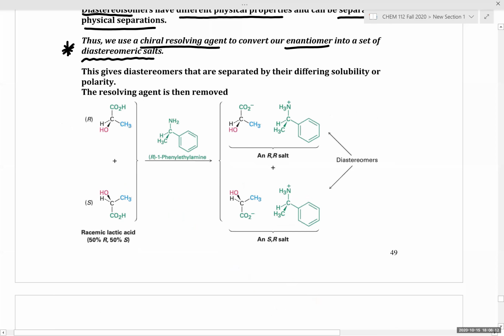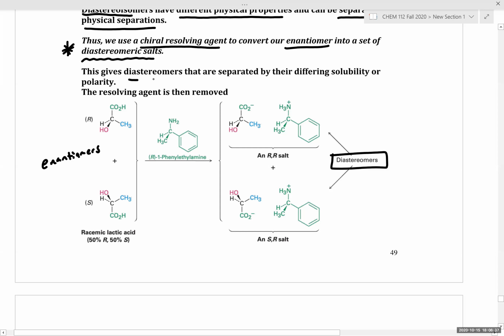So, comparing, for example, the R and S enantiomers, if we have a pair of enantiomers, they're going to be very difficult to separate, if not impossible, via physical means. So, if we treat it with a chiral resolving agent, now we have a set of diastereomers which we can separate using physical methods.